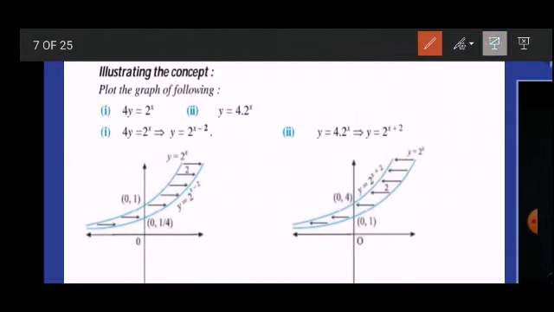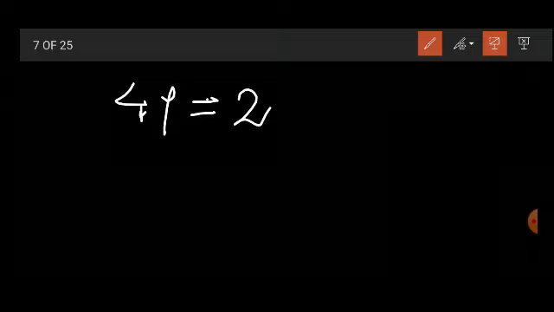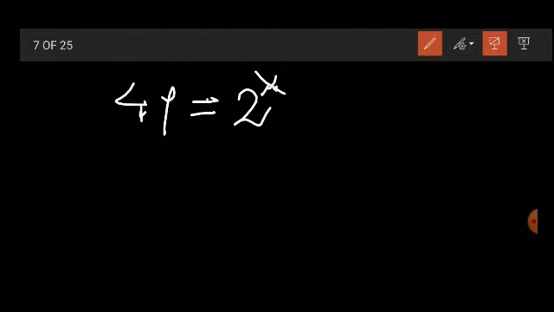What we see here, 4y equal to 2 to the power x.